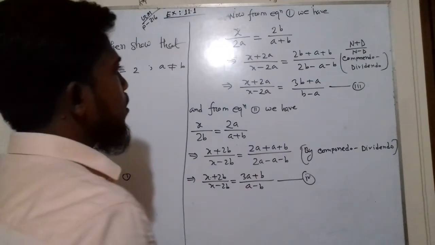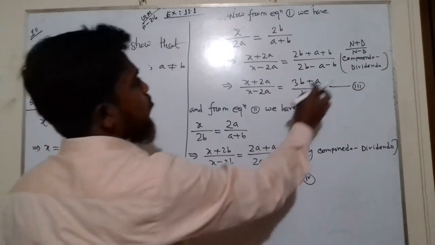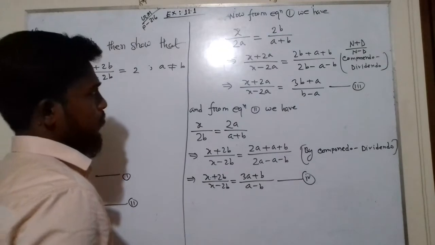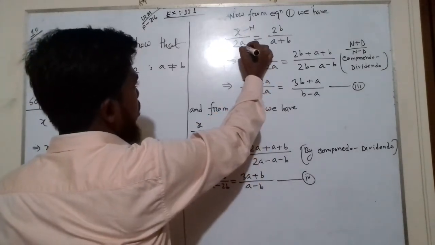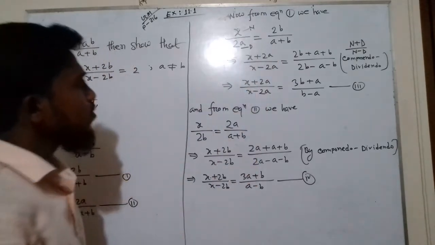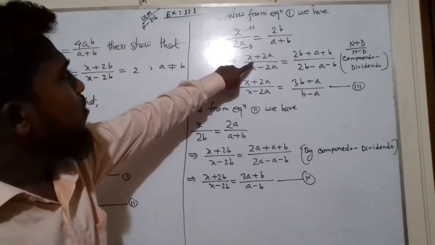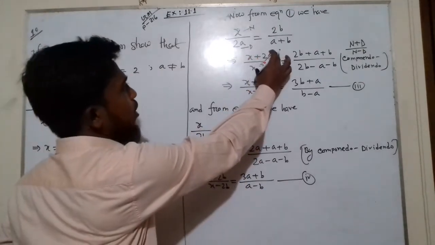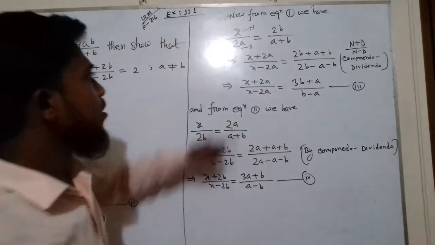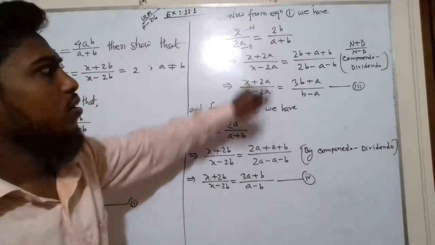Now using the formula of componendo and dividendo, here x is the numerator and 2a is the denominator. So numerator plus denominator, x plus 2a, divided by x minus 2a, numerator minus denominator.